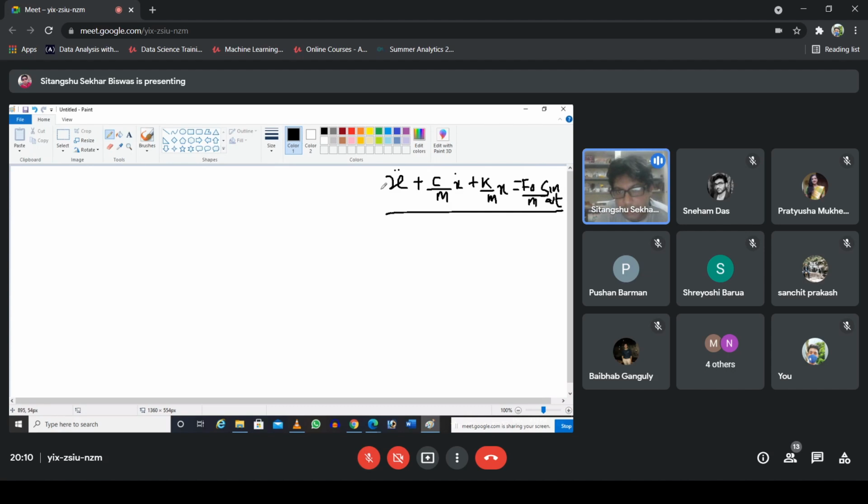In the Laplace domain, if you take the Laplace transformation of this entire thing, it is s square plus 2 zeta omega n s plus omega n square into X(s), the Laplace transform of x(t), equal to F0 by m and the Laplace transformation of that forcing function.